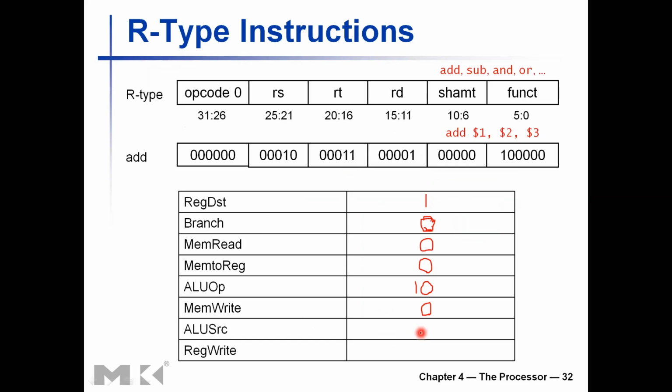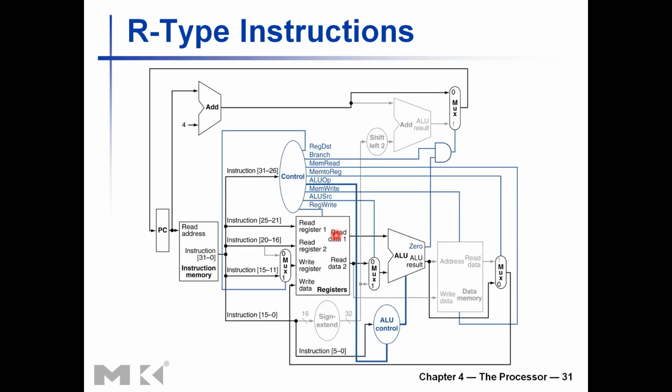Then ALU source, ALU SRC. What does that do? ALU source is a select signal for a multiplexer. So what does that multiplexer do? It decides between the second output of the register file or the sign-extended immediate value coming from the instruction itself to send to the second operand input of the ALU.